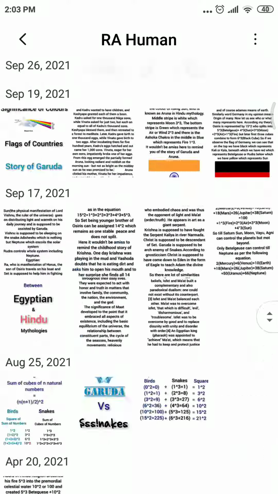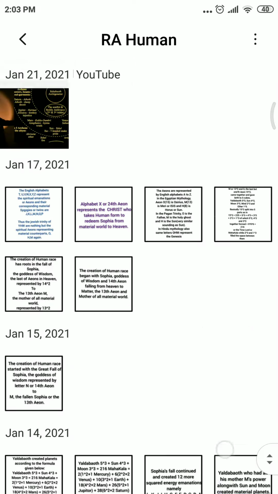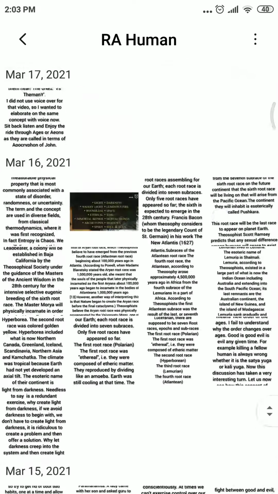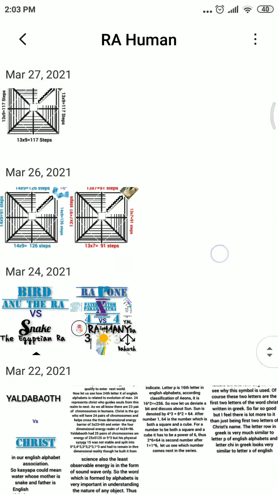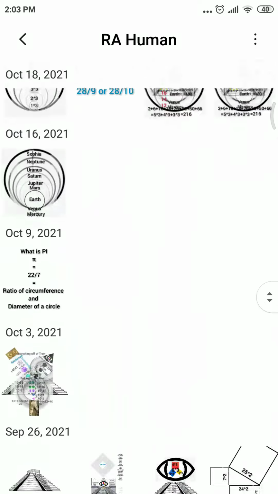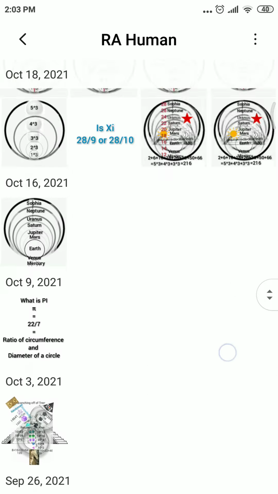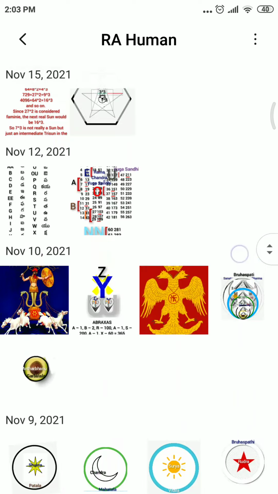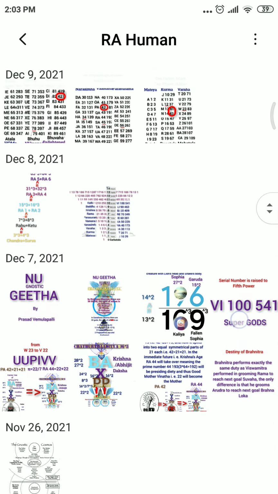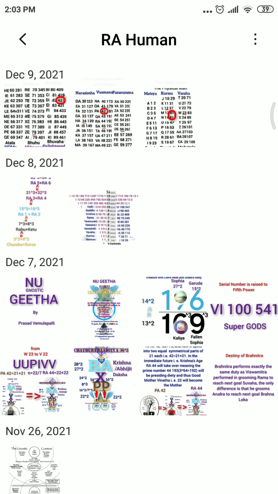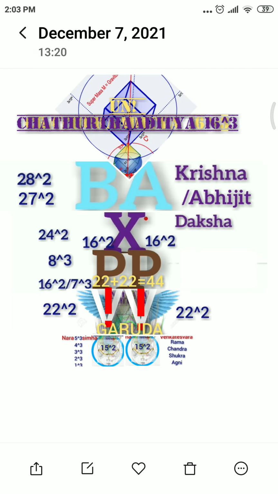Let me show you one of my previous picture diagrams so that you can understand it even better. I will show you that, and then you can understand it in a better manner.